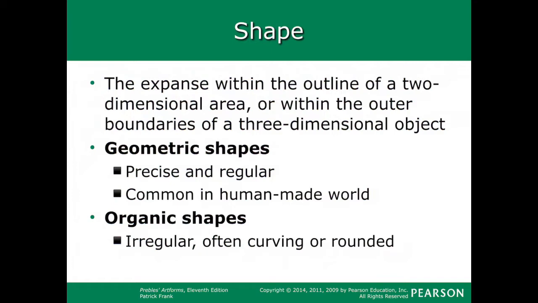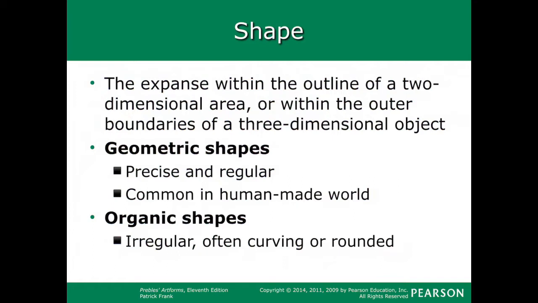Shapes can be geometric shapes, where they are very precise, they are regular. It is common to see geometric shapes in the human-made world. So if you see a rectangle or a perfect square or even a triangle, these are shapes that we often see only in the human-made world.